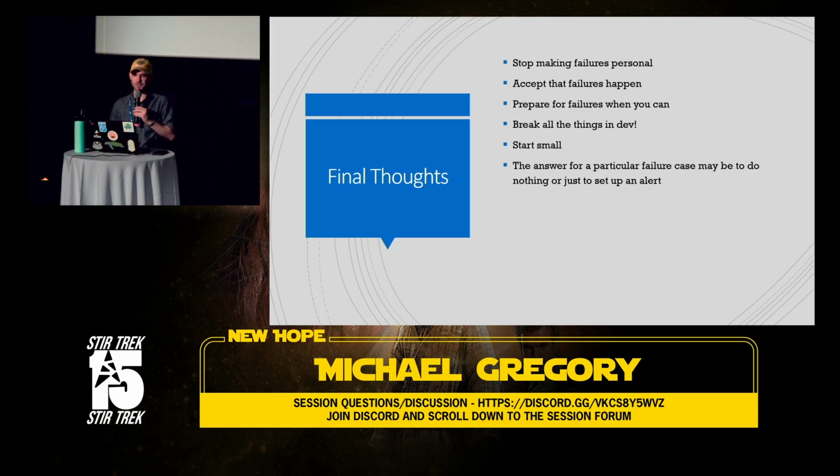And the answer for a particular failure case might be to do nothing, or even just to set up an alert. Just because you can put your app in 3 different cloud regions doesn't mean you should. As an example, if you have an application that you want to be highly available, you could put it in 2 different Azure regions, 2 different AWS regions, Google Cloud, pick your provider.